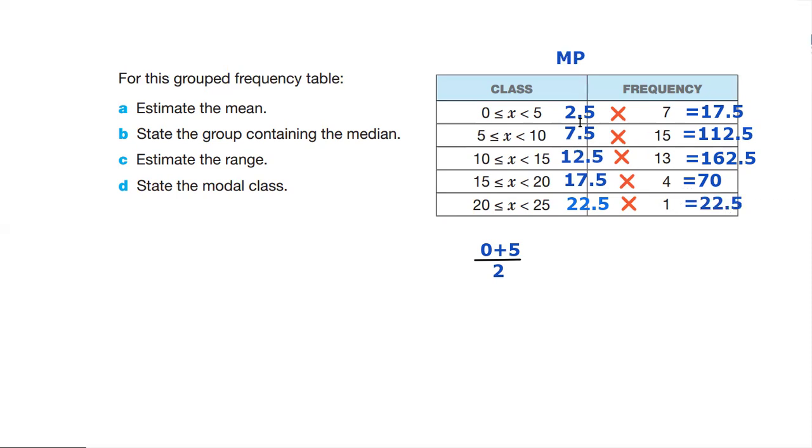Now, after multiplying each midpoint by the frequency, we have 5 numbers here. Now, the next step is what? You take all of these numbers and add them together.